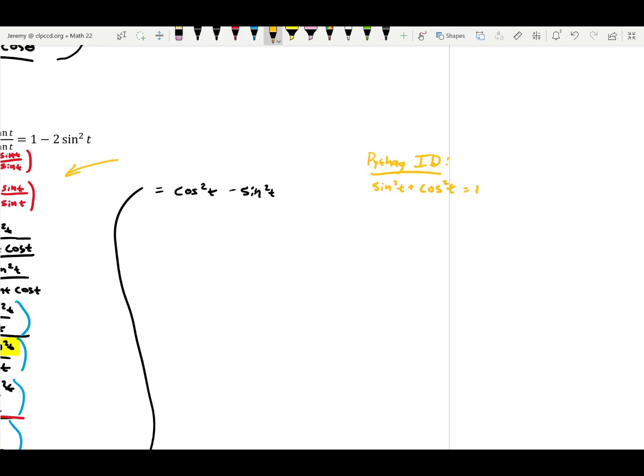So I'm wondering if I might substitute something in for cosine squared t. Let me solve for cosine squared t in the identity, and I'll get 1 minus sine squared t. Okay, so I'm thinking about substituting in for cosine squared t, 1 minus sine squared t.